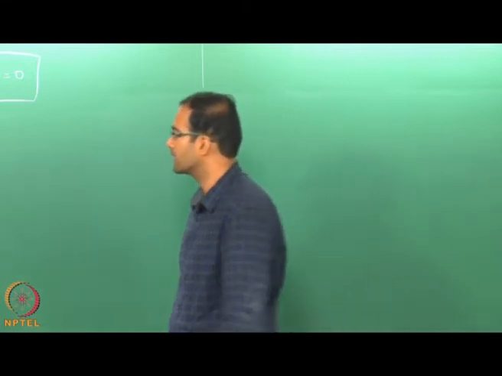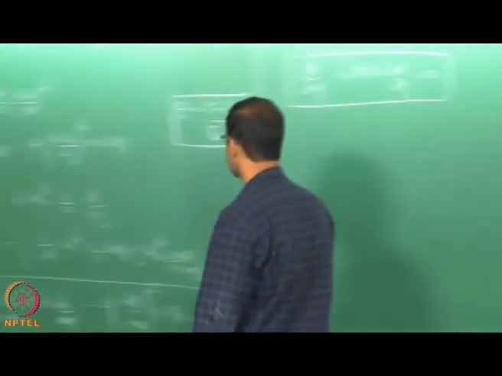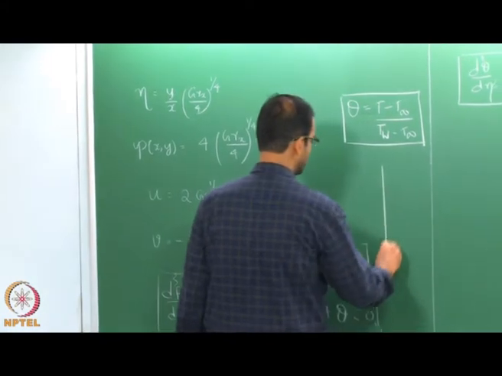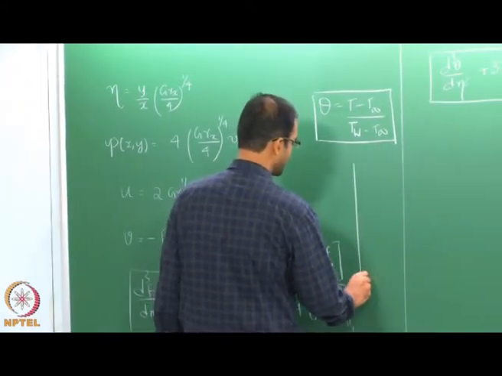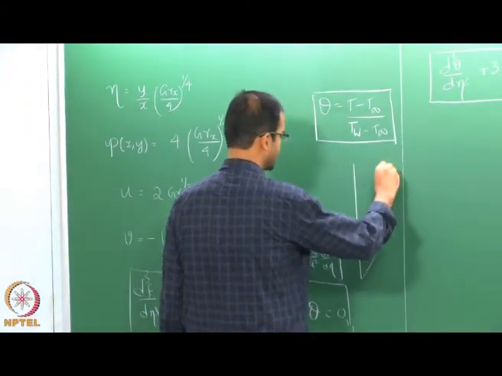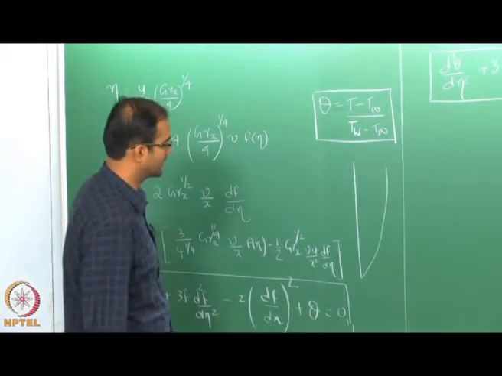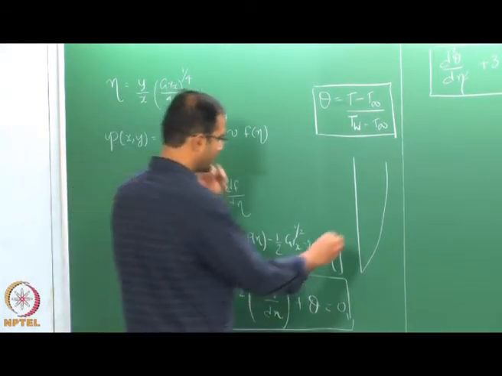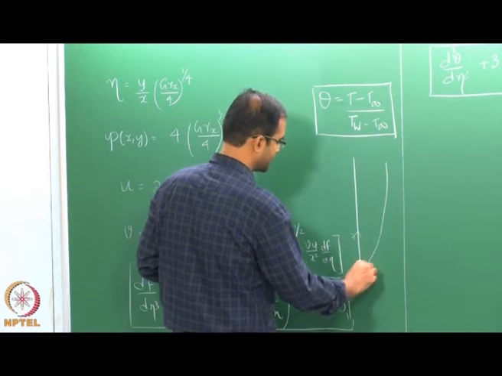So, what are the boundary conditions here? If you take the case of the vertical plate, the conditions are pretty much similar to the case of external forced convection. We have the coordinates x and y.